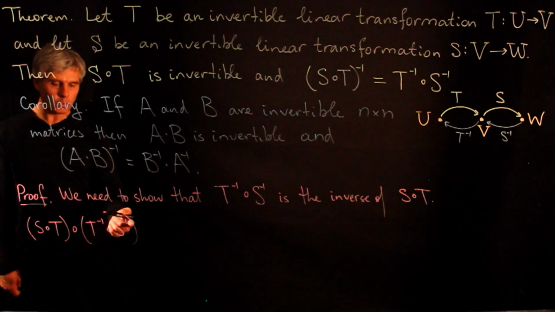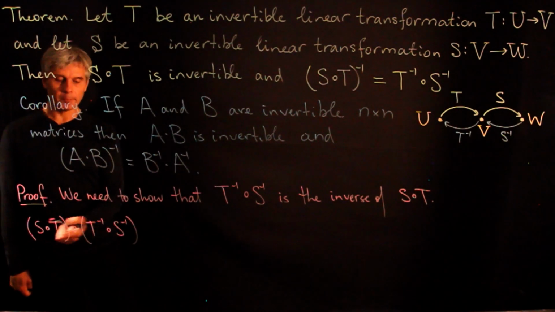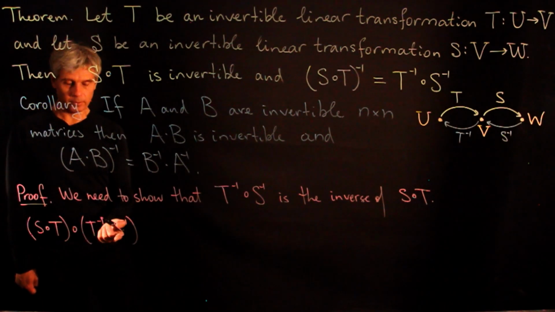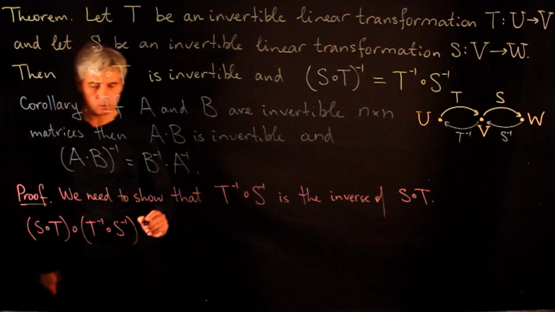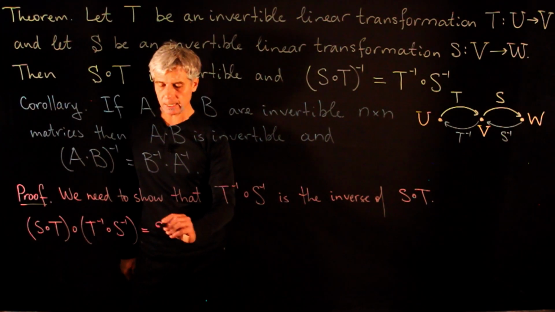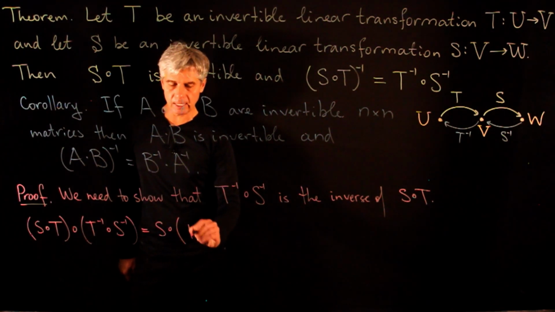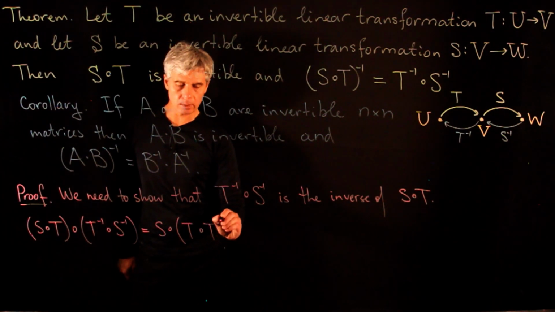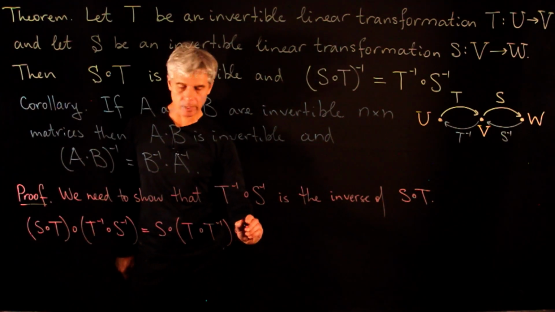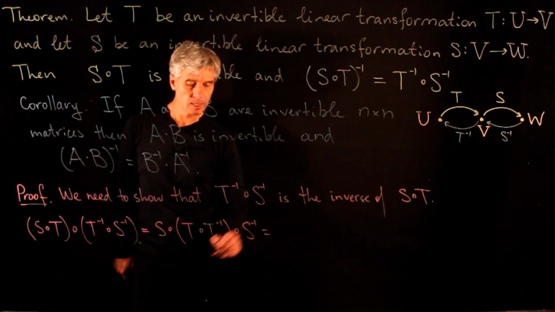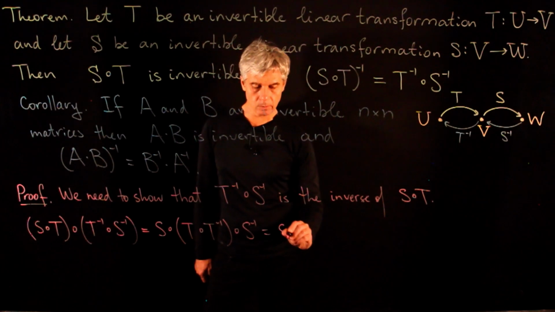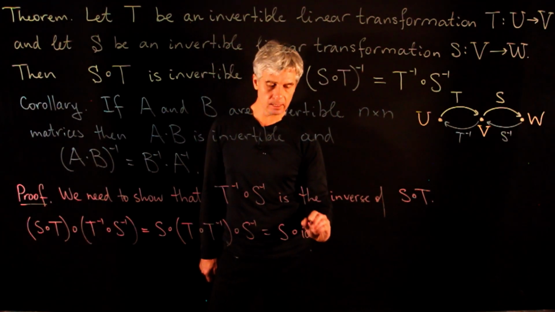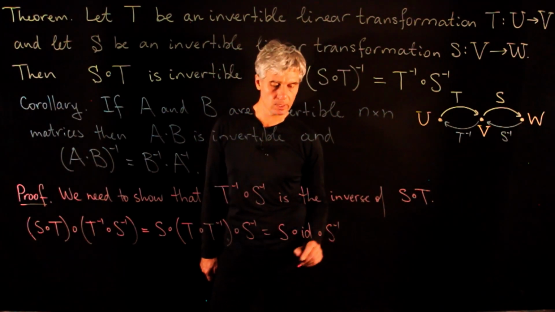Now, we know that compositions are associative. So this allows us to regroup the brackets in this expression. So this is equal to S composed with T composed with T inverse composed with S inverse. And because T inverse is the inverse of T, the composition of these two is identity. So then we get S composed with identity composed with S inverse.